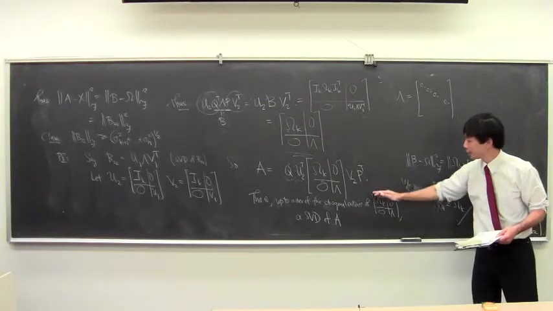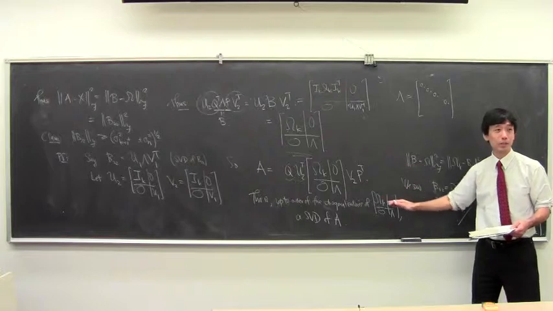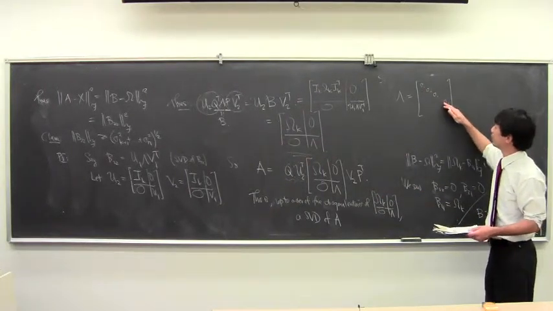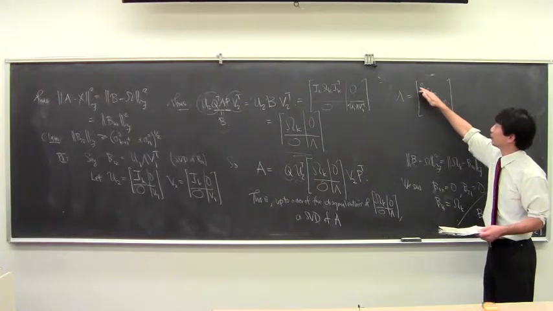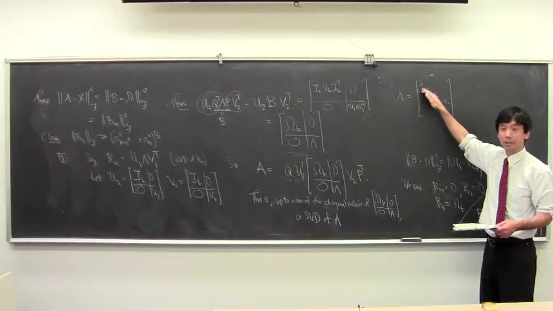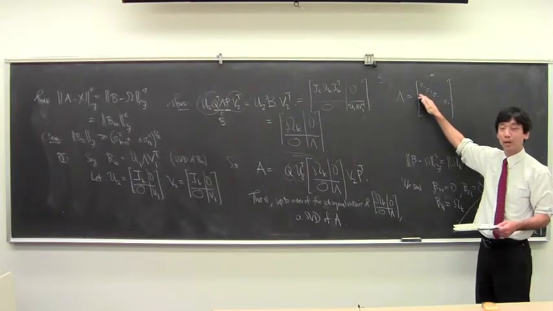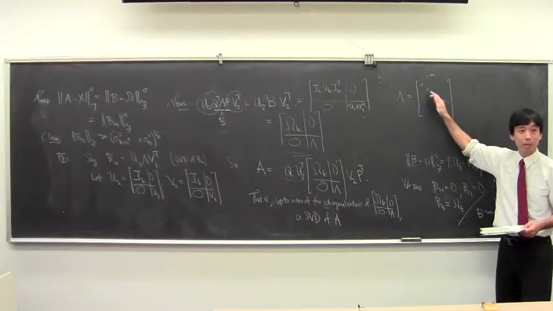This thing is a singular value decomposition of A. So you know that these guys are singular values. The singular values of lambda, which are the singular values of B22, are the singular values of A, although maybe not in the right order.